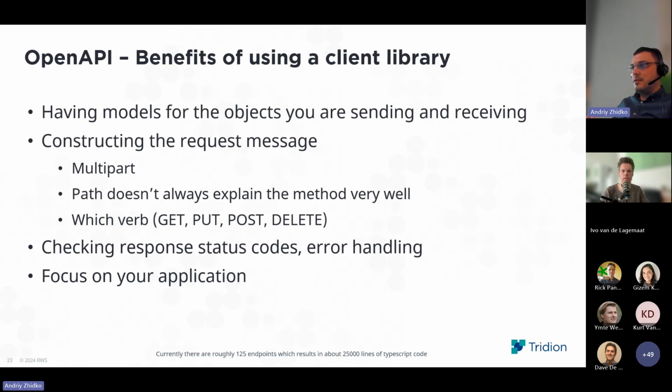Just for reference, in case of using direct API calls, currently we have about 125 endpoints, which at the end will result in about 25,000 lines of TypeScript code for such an approach with maintaining direct API calls.